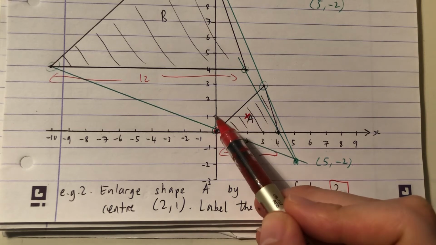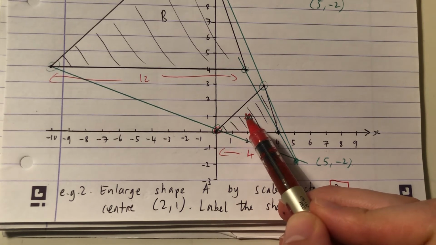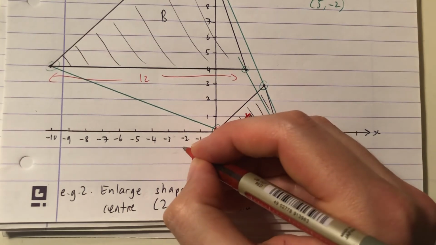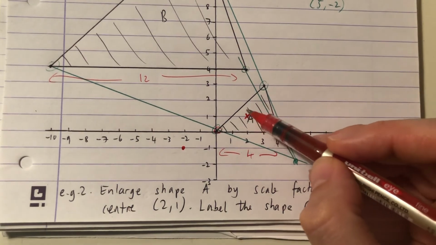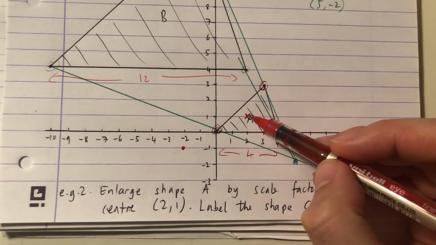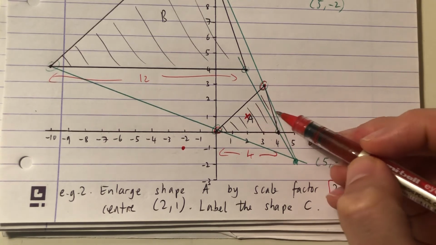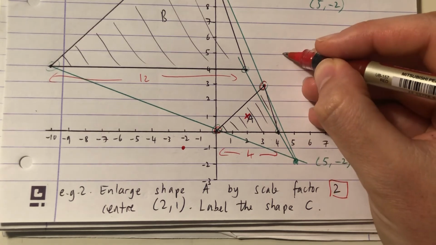So rather than 2 left, 1 down, it needs to be 4 left. Starting from the centre, 4 left and 2 down. So that ends up there. This point going to the top corner is 1 right, 2 up. That needs to double because the scale factor is 2. So that would be 2 right and 4 up.